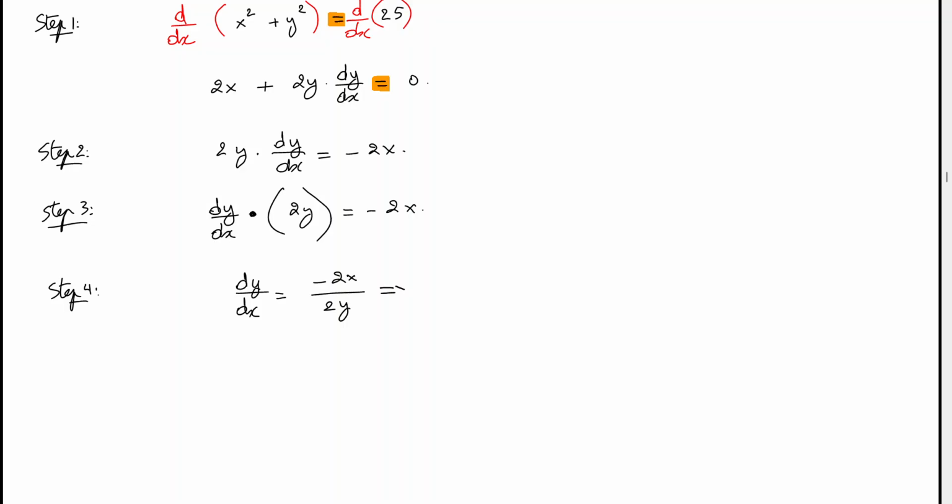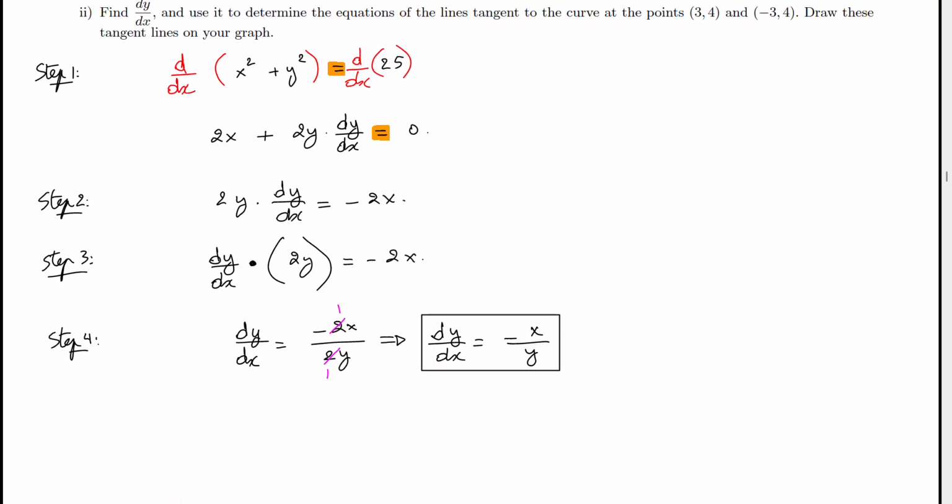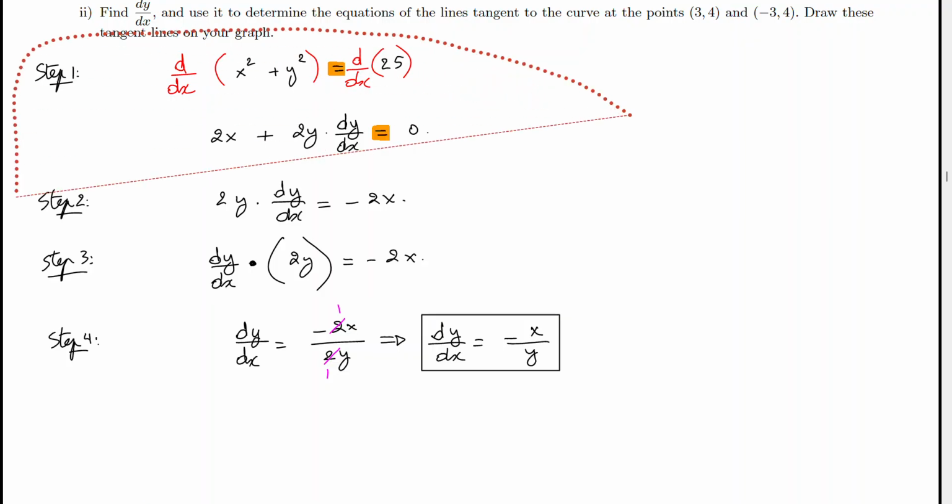So in other words, the dy over dx, the derivative that we're searching for, is negative x all divided by y. And that's because I can divide by 2 and divide by 2. And when I divide by 2, I just get negative x over y. So this is the derivative of the equation of the circle that we were given.